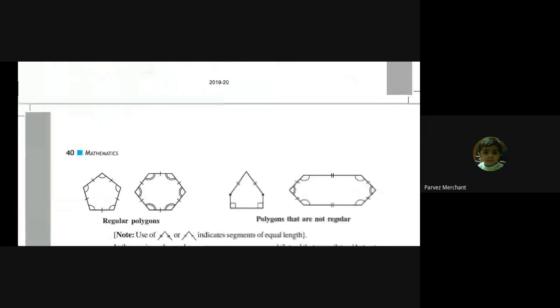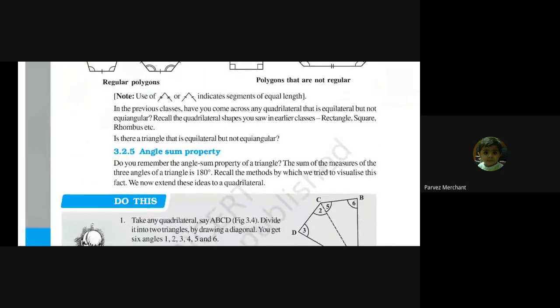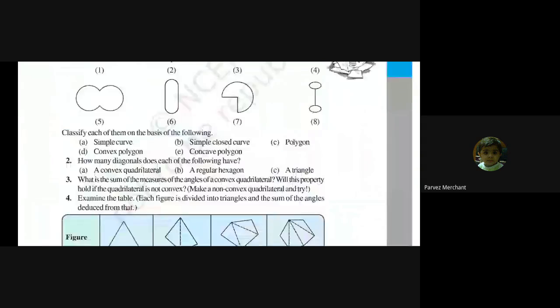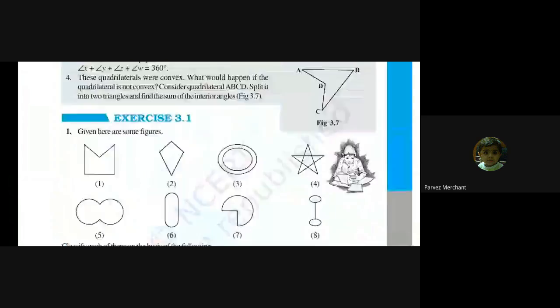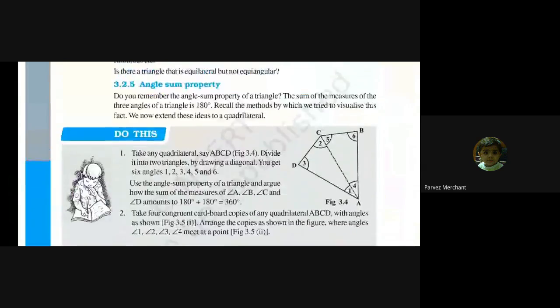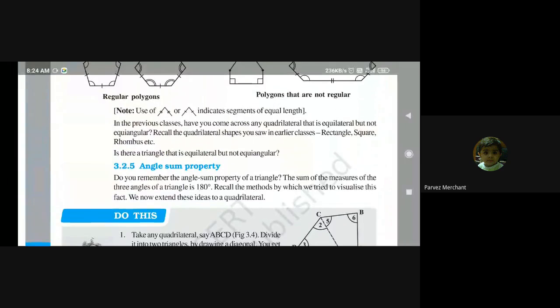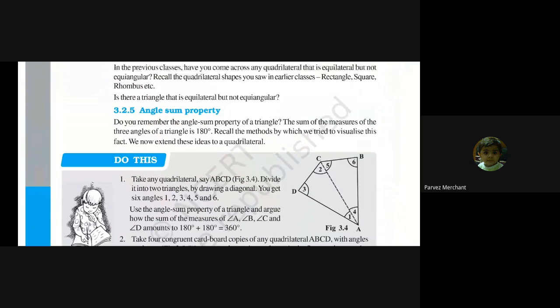Okay, boys. Now we are going to solve this exercise. Okay. Now again one theory topic, angle sum property of a triangle. What is the meaning of angle sum property? We know that the angle sum of a triangle is 180 degrees.